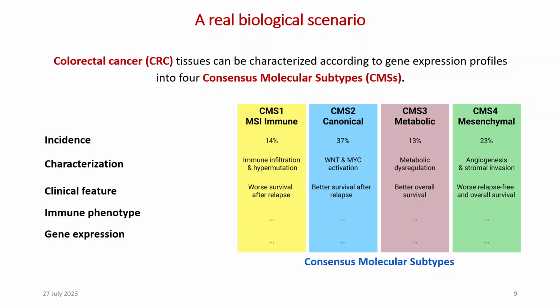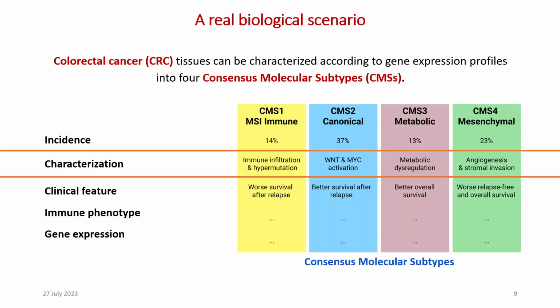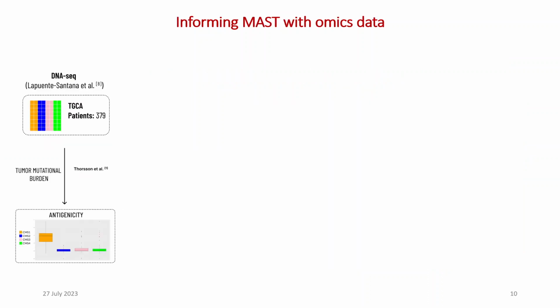It is known that colorectal cancer tissues can be characterized according to their gene expression profile into 4 consensus molecular subtypes, also known as CMSs, with distinctive biological features that are, from left to right: immune system infiltration and tumor cell hypermutation for CMS1, WNT and MYC activation for CMS2, strong metabolic dysregulation for CMS3, and the high presence of cancer-associated fibroblasts for CMS4.